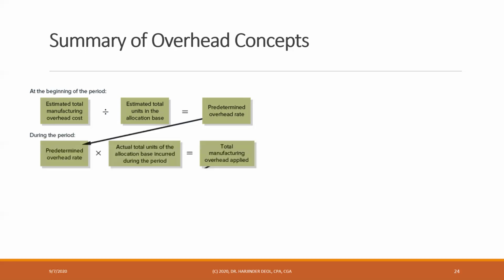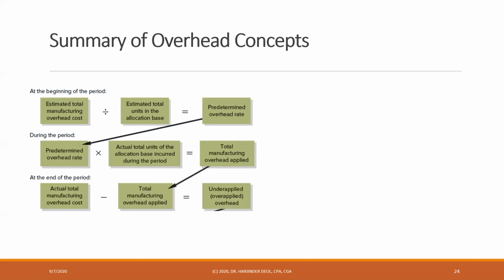The predetermined overhead rate is used during the period to calculate the total manufacturing overhead applied. And that is done by multiplying the predetermined overhead rate by the actual total units in the allocation base. So actual labor hours or actual machine hours.